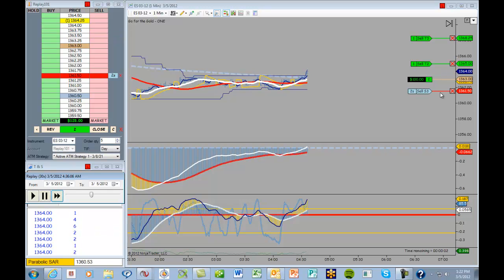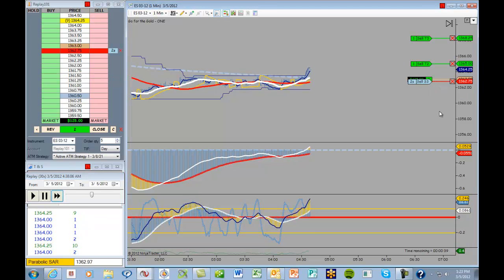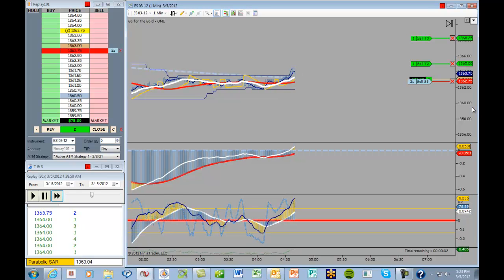Okay, there we go, and the parabolic is already above us, so we manually move the stop up to join in with it.